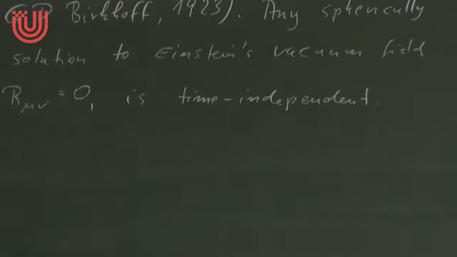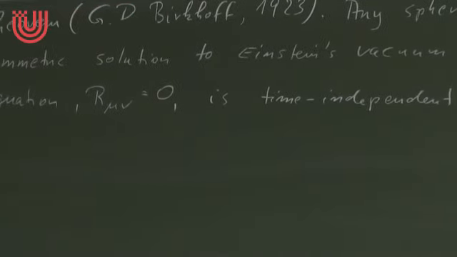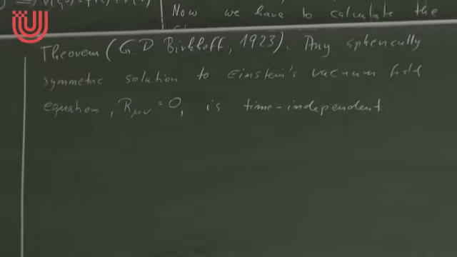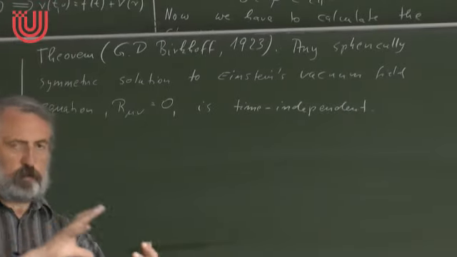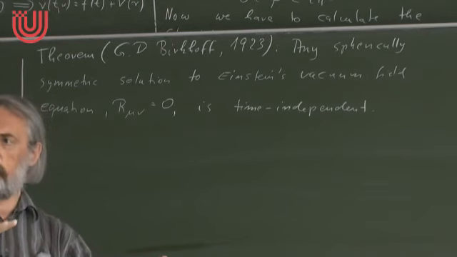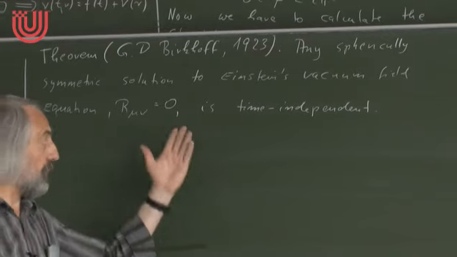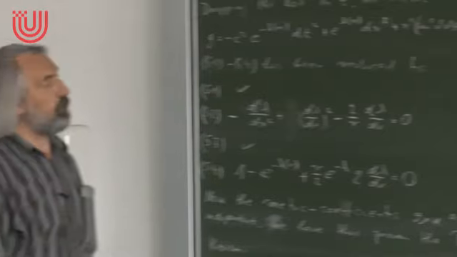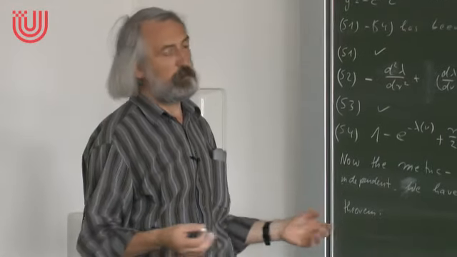And that's a remarkable result as to the physics which is contained in this statement. It means that even if a spherically symmetric body is oscillating, the gravitational field outside is time independent. So one could phrase this in the way that one says there are no spherically symmetric gravitational waves.